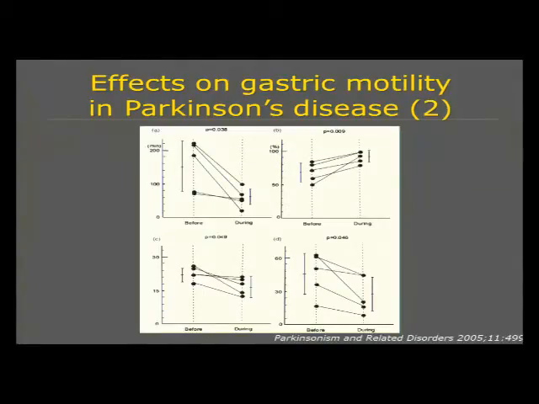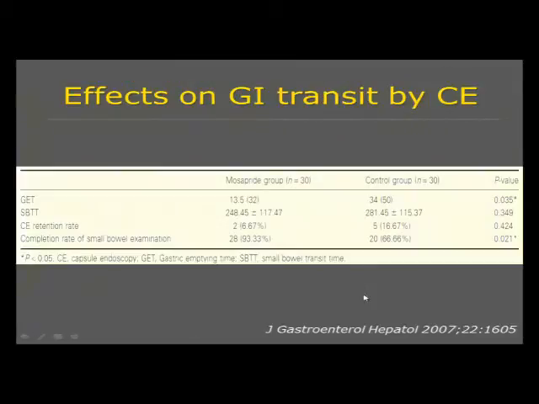Here is the result. Mean gastric emptying half time before treatment was longer than the control value, but gastric emptying time significantly decreased during therapy, and awakening time, daily activity, and motor function also increased.